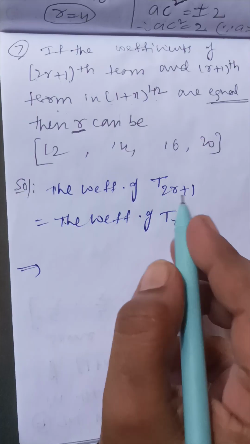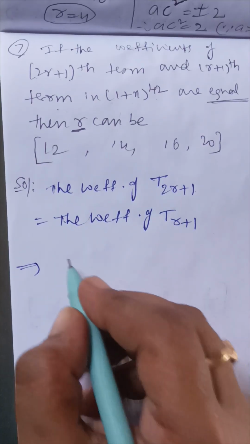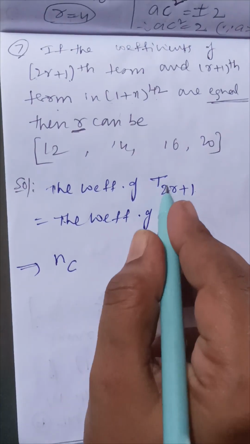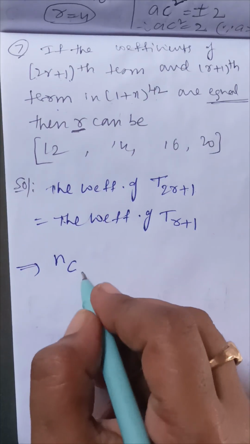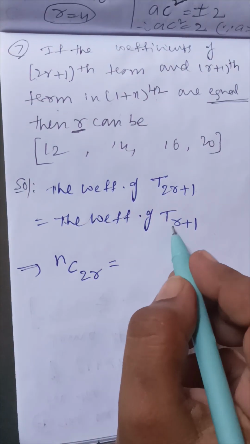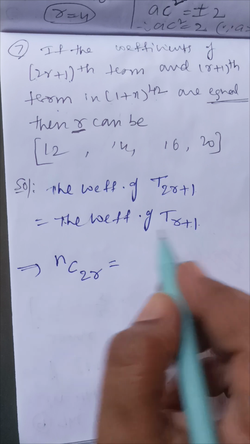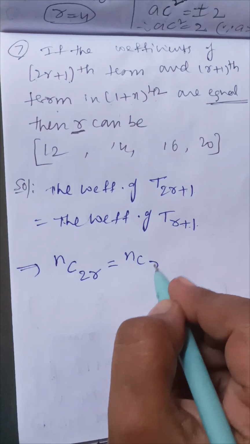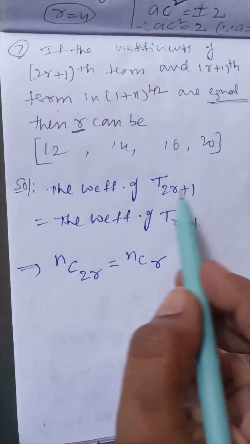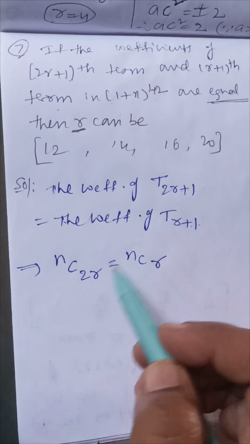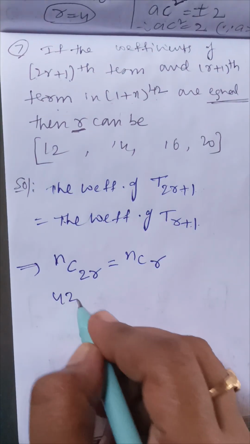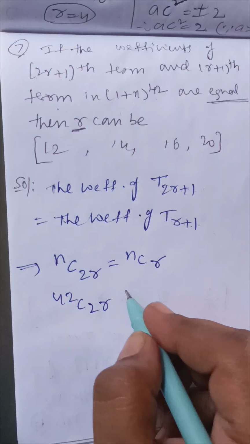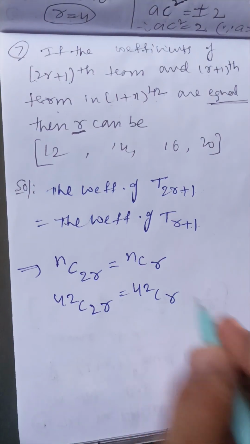So, the coefficient of t(2r+1) is nC(2r), but here n is 42. So, 42C(2r) equals the coefficient of t(r+1), which is nCr; subtract 1 from 2r+1 and you get 2r. That is the coefficient, but n is 42: 42C2r equals 42Cr.